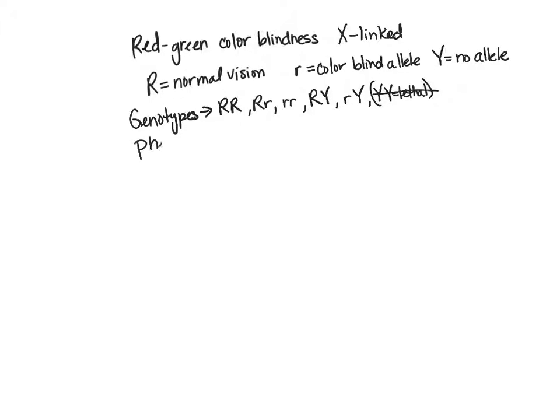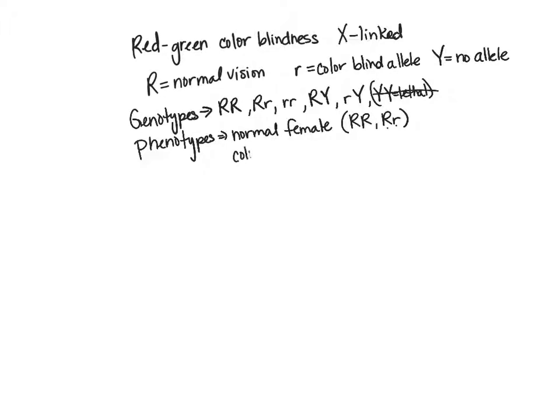So then we end up with our phenotypes. Our phenotypes will be a normal vision female, and that would be big R, big R and big R, little r, because even though we have the little r, the big R is going to take over and allow for normal vision.